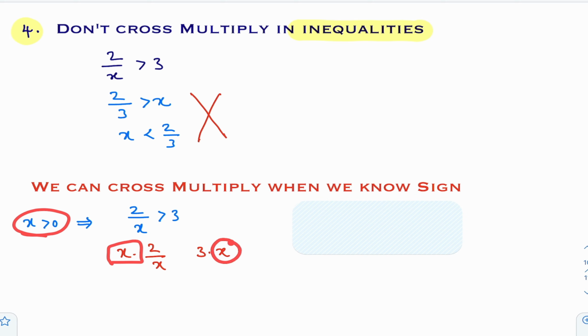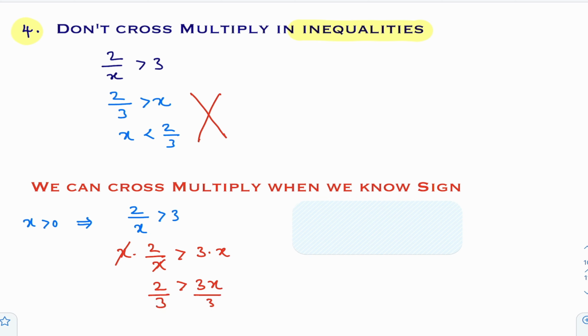As x is positive, you know from rule number 2 that for an inequality, if we multiply both sides with the same positive real number, the sign of inequality remains the same. That means greater than remains greater than. I hope you are understanding. Now this x will get cancelled. What you will get is 2 is greater than 3x. Now I'll divide this inequality by 3.